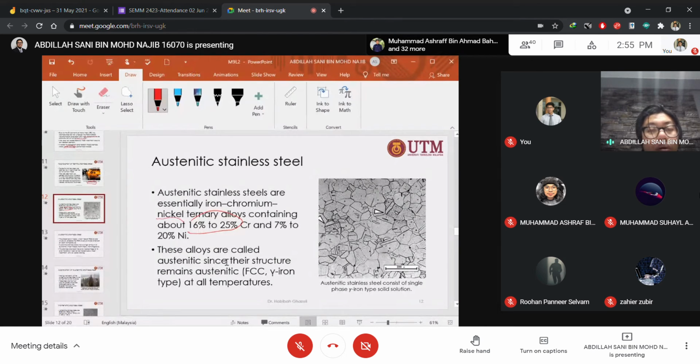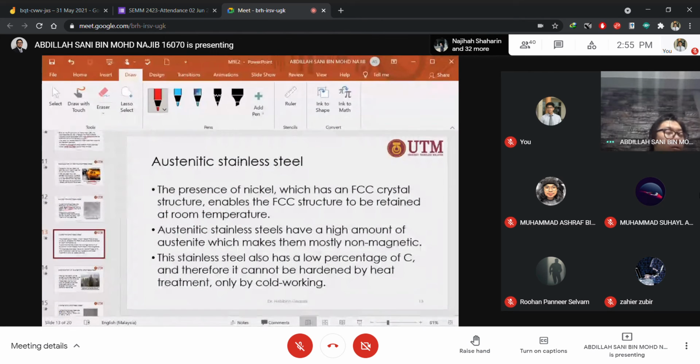So these alloys are called austenitic since their structure remains austenitic at all temperatures. Just now, ferritic remains in ferrite at all temperatures. Now we have austenitic, so it remains in austenite at all temperatures.